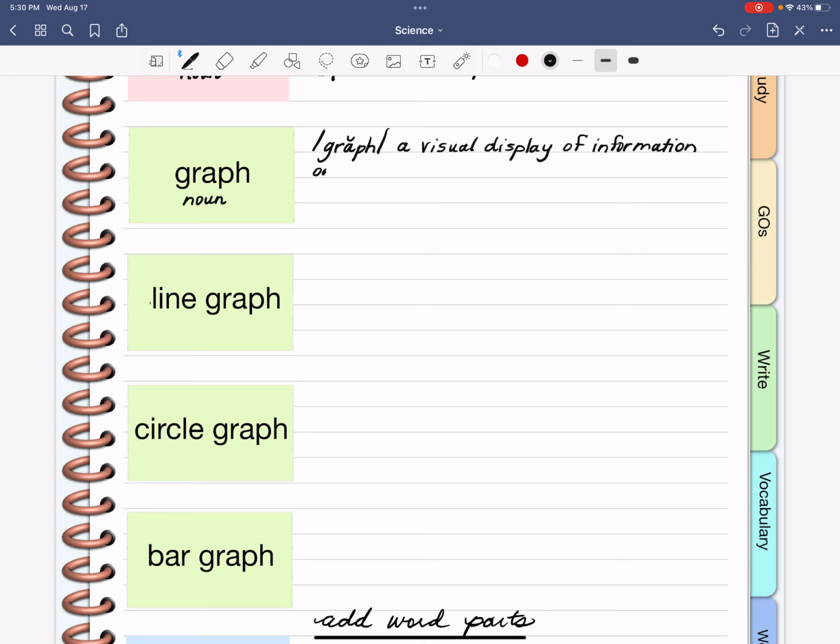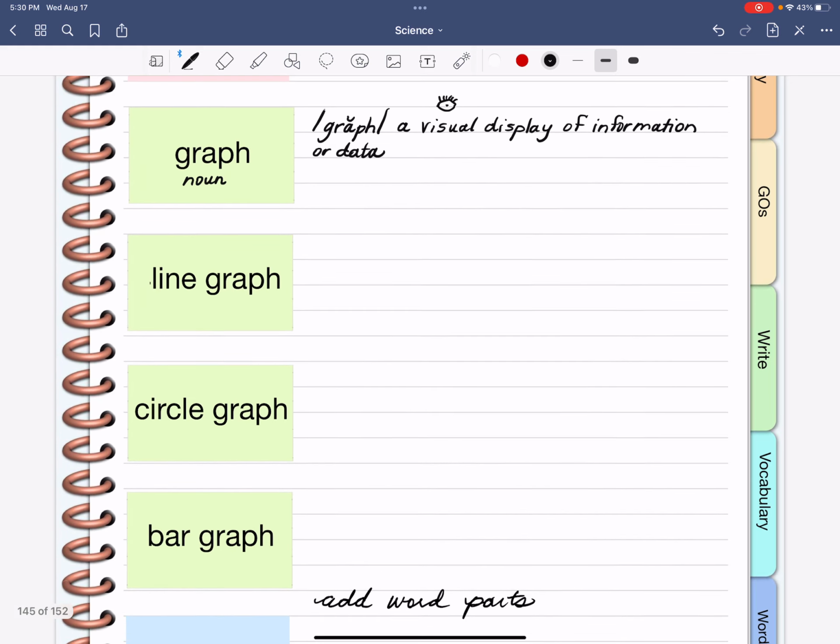And anytime you see visual, think of what you see. So visual relates to the eye. It's through the sense of vision. And we'll add that to our word parts in just a second. We have 2 to add this time. And I made a note down here so I wouldn't forget this time.